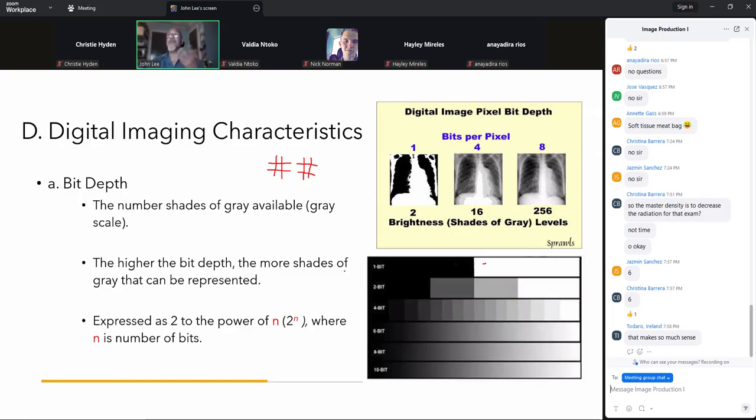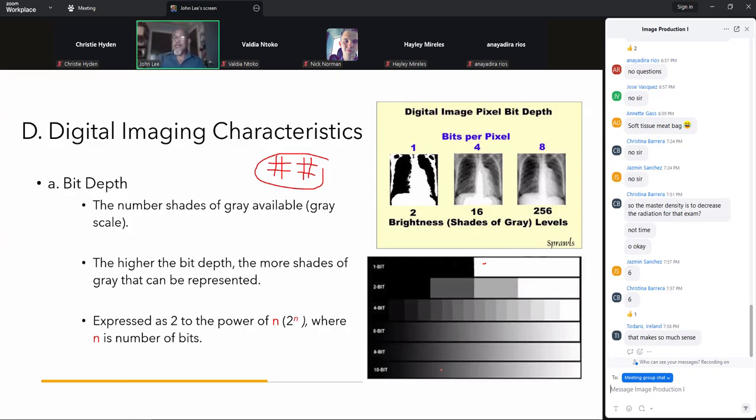Four values giving us black, white, and 2 shades of gray, one lighter than the other. Now, as we increase the number of integers that we're allowing in the system, the number of shades of gray increases exponentially. So with a 4-bit, now we got 16 shades of gray. 5-bit, 32 shades of gray, etc. So it keeps going up.